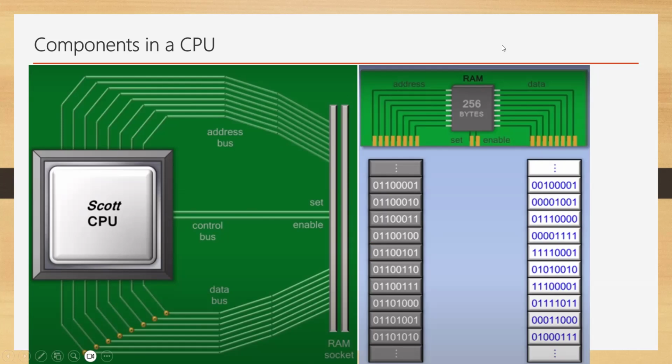This RAM is responsible for sending the addresses and the data to your computer system in the form of binary. I hope that this structure can give you a good understanding of how this CPU is placed right here in terms of an integrated chip, and with the help of this integrated chip, it is utilized with the address bus, control bus, or data bus.